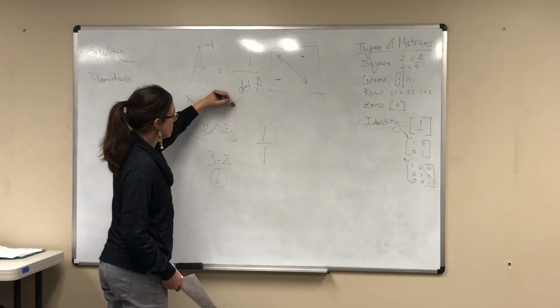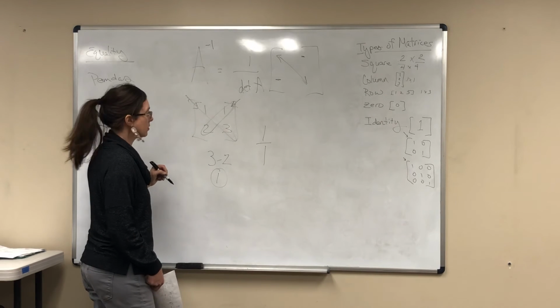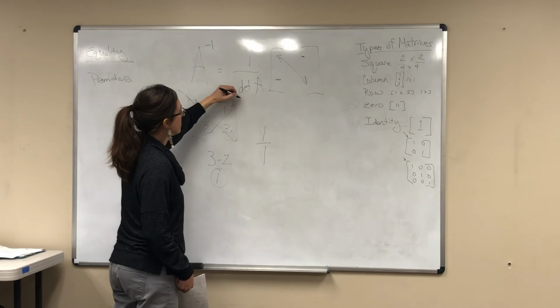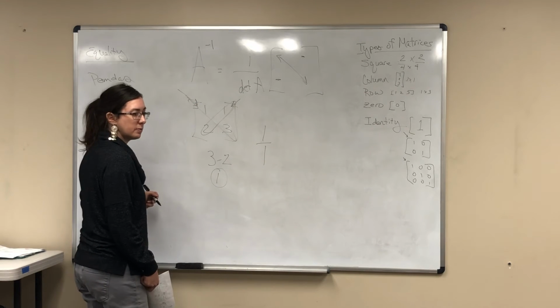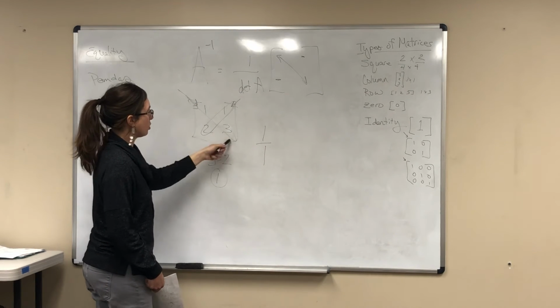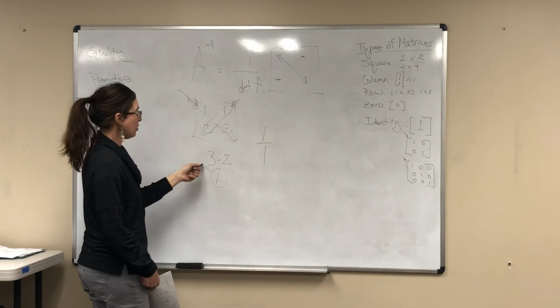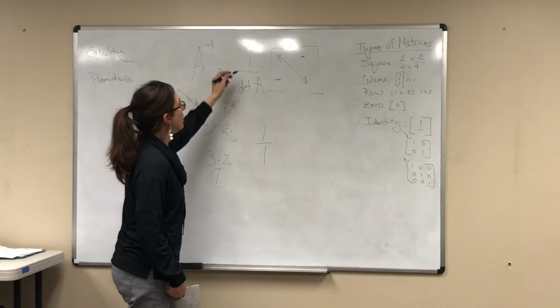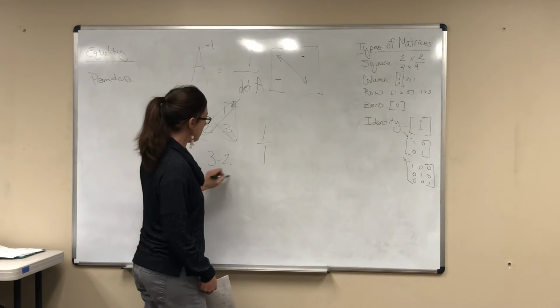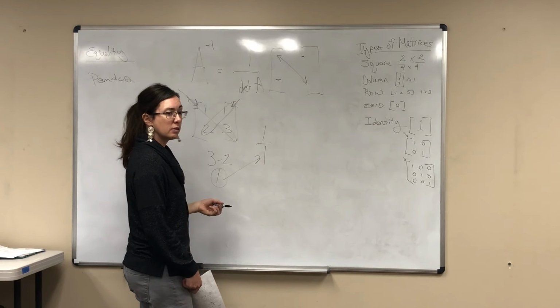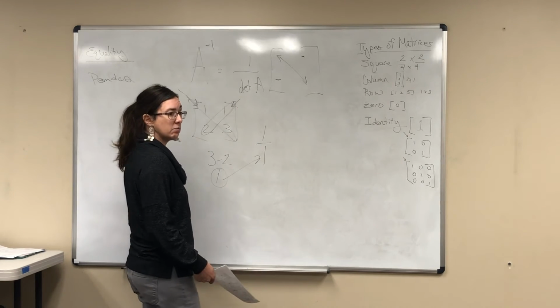Remember, multiply left to right, subtract right to left. 3 minus 2 is 1. Okay, so now I have 1 over, I'm going to plug my determinant in there, 1 over 1, which gives me 1. So do I really need to write anything? No.